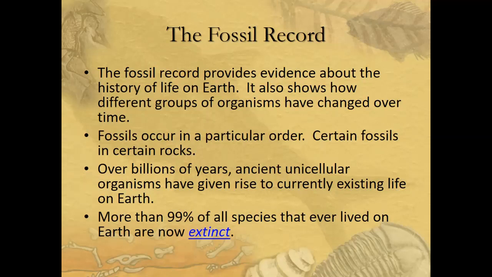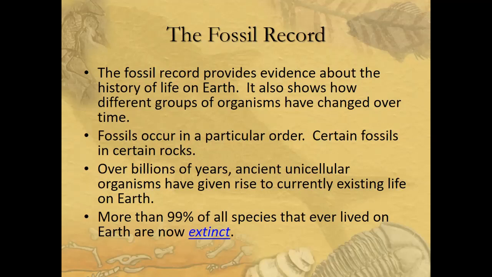You are a part of the 1% of all life that has ever existed on our planet that's still alive. So there are far more species that have gone extinct than there are currently in existence. But that should make some sense too, because we're talking about billions of years, not hundreds, not thousands, not even millions, but billions of years of history of our planet.